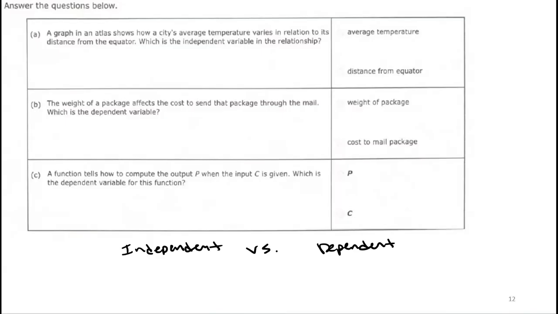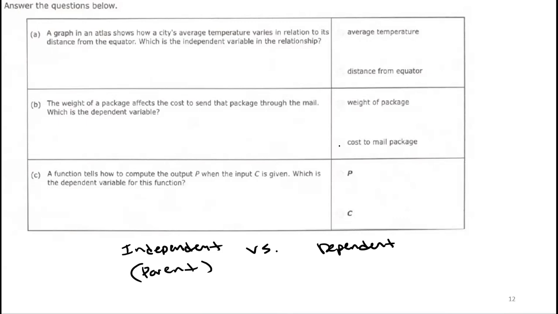How I'd like to describe them to students is to think about a family. You have a parent and a child. The parent is going to be independent, hopefully.